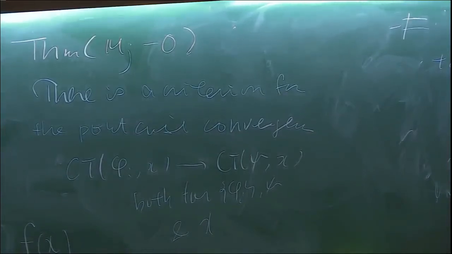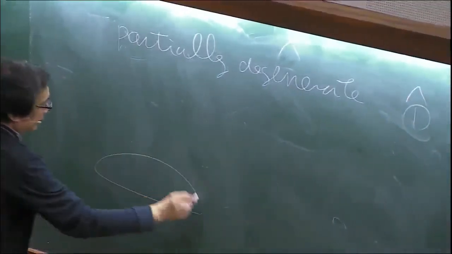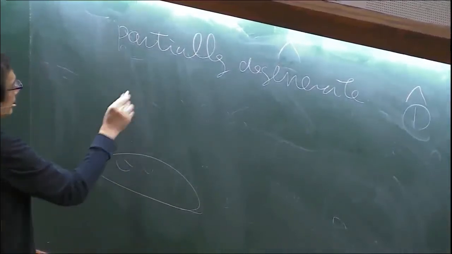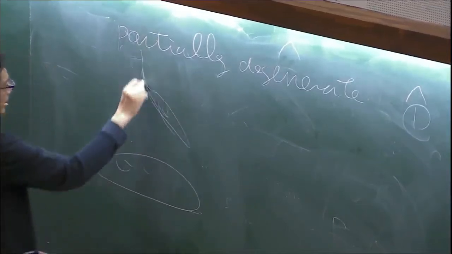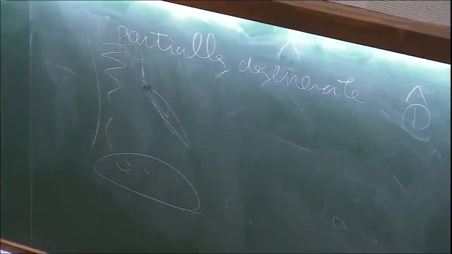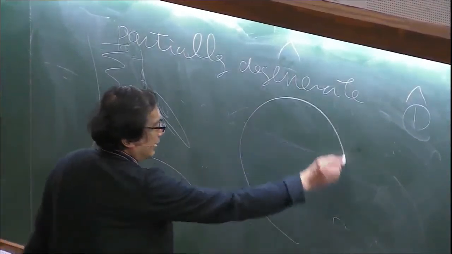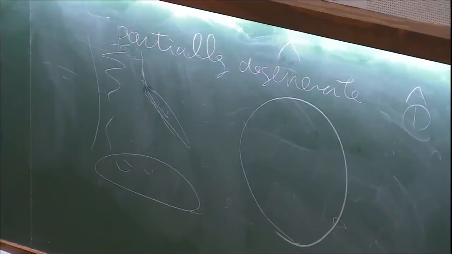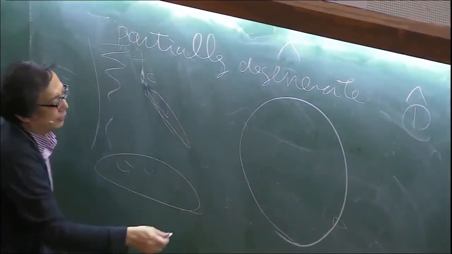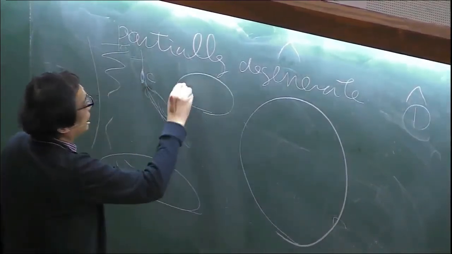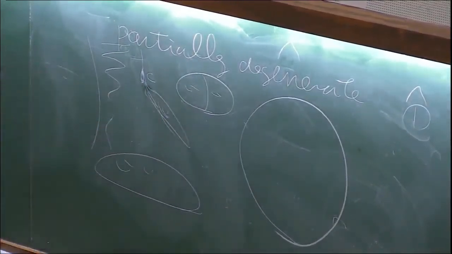So that's the case of the partially degenerate. Let me draw the same picture as before. So you have some partially degenerate Kleinian group. For such a Kleinian group, let me draw the picture of the lift of the curve C. So you have a curve C, in this case a separating simple closed curve on the genus 2 surface.